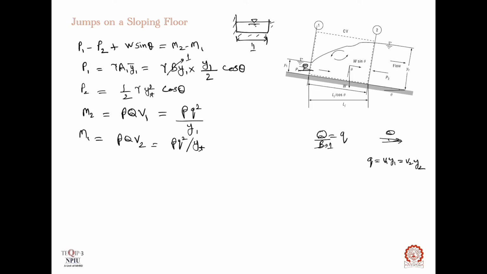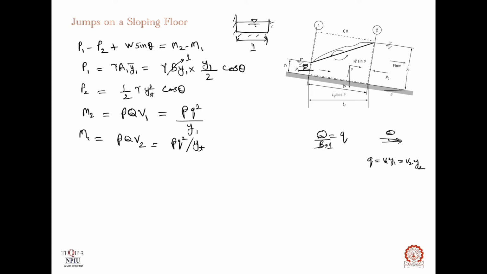Now what we have to do is find the weight of the fluid inside the control volume. Firstly, let's consider the profile of the hydraulic jump to be linear, joining the depths y1 and y2.